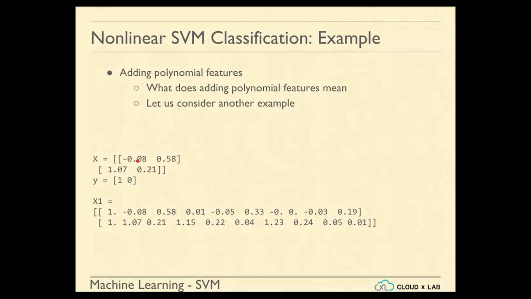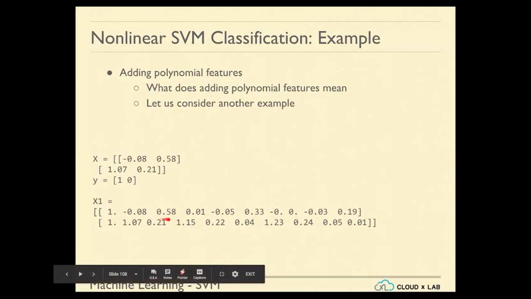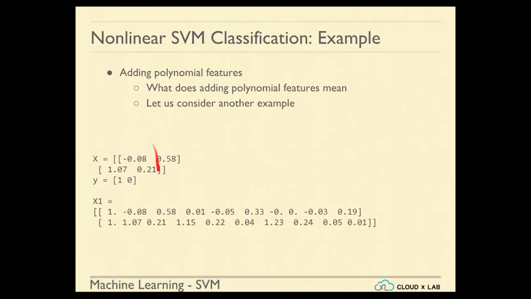So here we are saying x cube. X cube means we are adding the polynomial features of degree 3. Let's start here. The first one is 0.08. That's the first one. The second one is 0.58. The third one is 8 cube, or something else. Then 0.08 cube, and then 0.08 square.